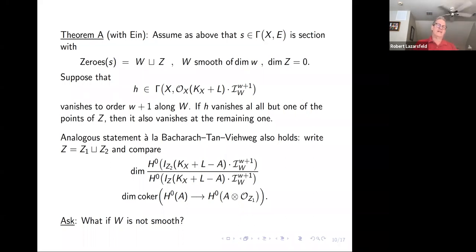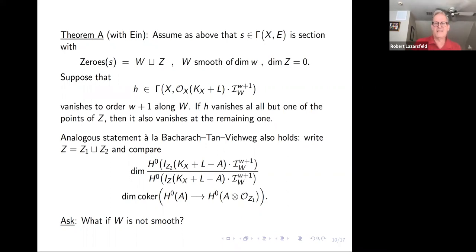And again, there's an analogous statement à la Bacharach-Tan-Vivek. You divide Z into two sets, and for the first set you don't have any condition. Here you look at sections of K_X plus L minus A that vanish to high order along W, and you count how many vanish on Z2 and how many on Z. Okay, so that's the first theorem.